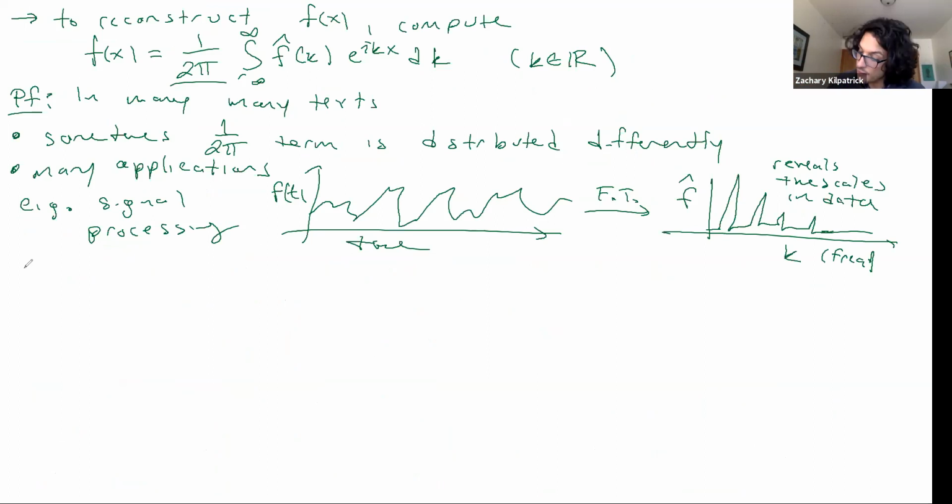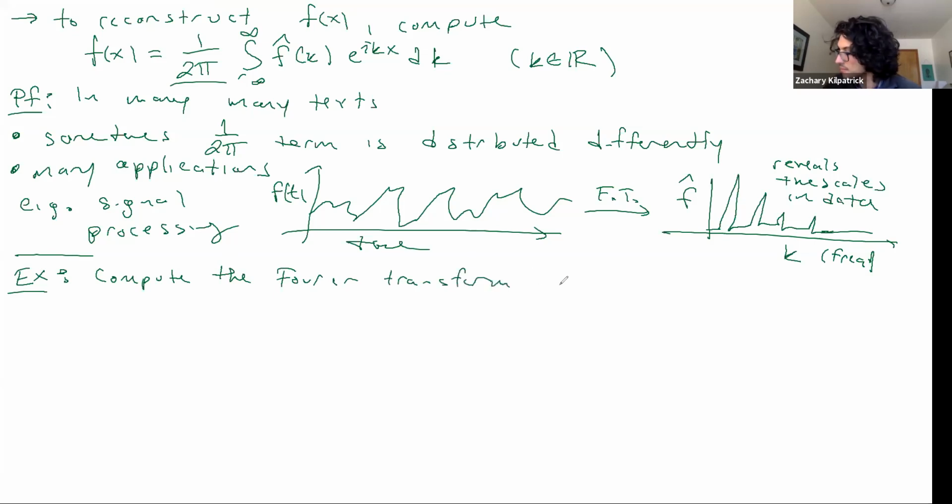If we look at an example, let's say that we want to compute the Fourier transform of f of x equals some top hat function.